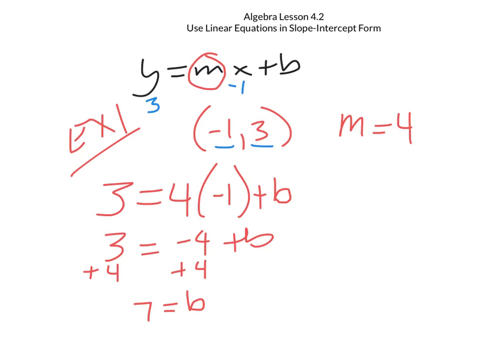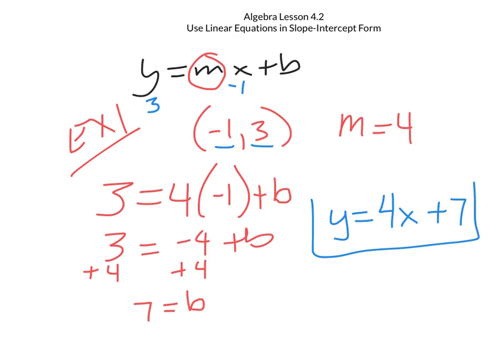So my y-intercept is 7. So now I can rewrite the equation. Y equals, my slope was 4, x plus 7. So there's a linear equation with the slope of 4 that passes through the point -1, 3.